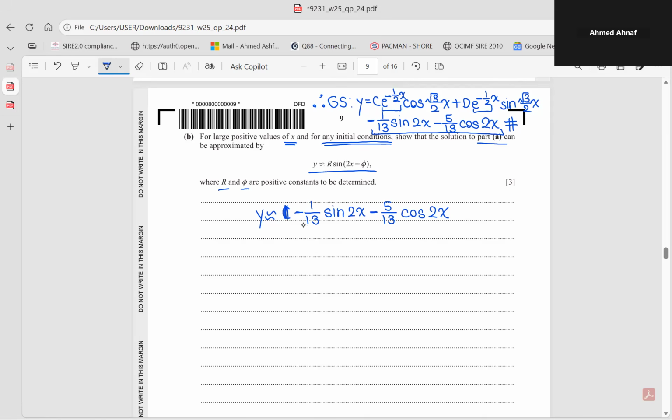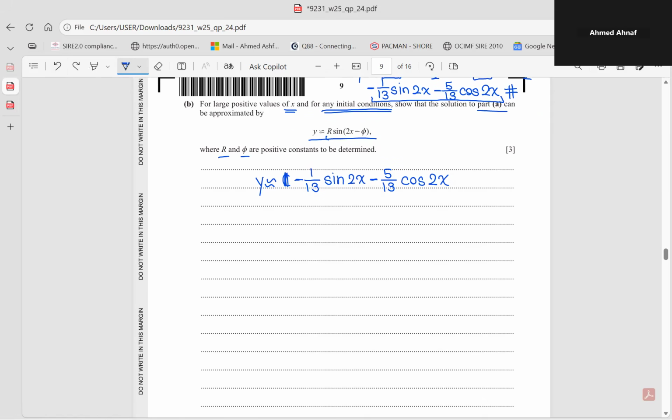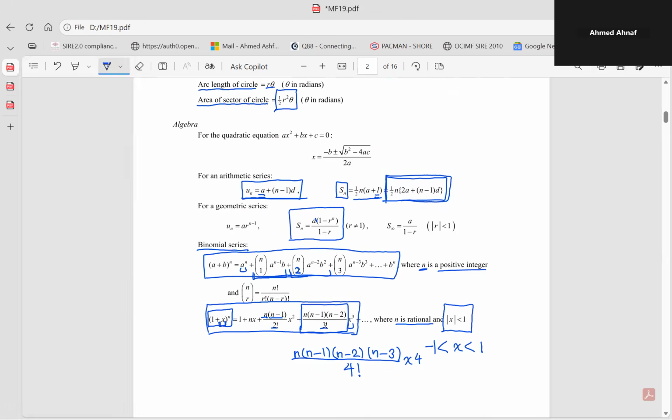Now our only step remaining is to convert from this to this. To do that, we have to use the R formula. The first step is to expand out the initial expression given to us using the addition formula.